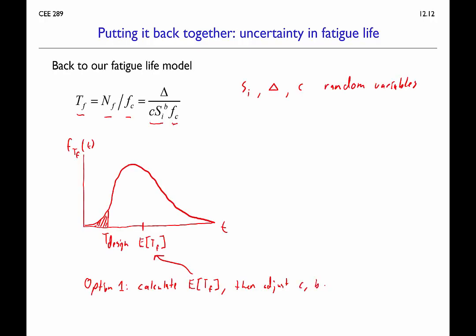So if we had the real C and B that we thought were appropriate for our particular material or our particular situation, we would adjust those, and then we would say the number of cycles that we can handle under our design condition, that's going to be a little conservative. We'll call that 1 over C tilde SI to the B tilde, where C tilde and B tilde are some adjusted coefficients that'll give us some kind of conservative design life. Okay.